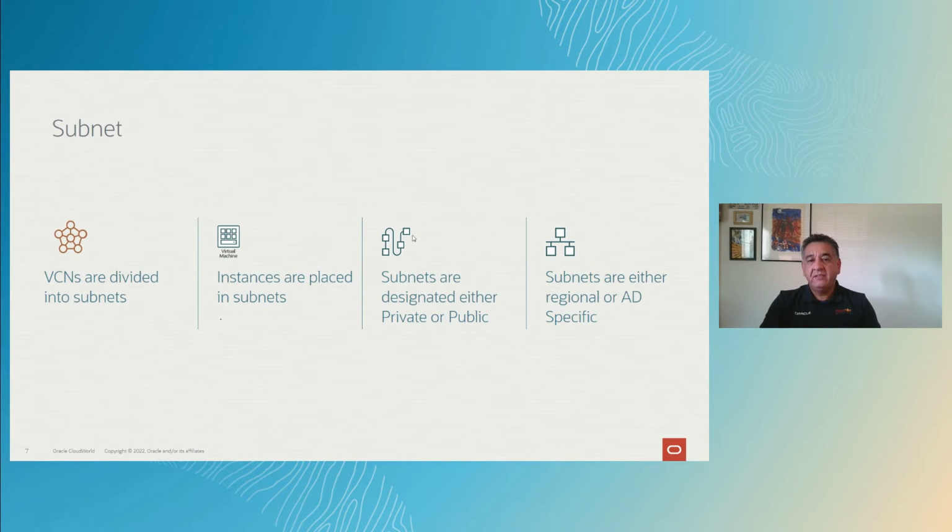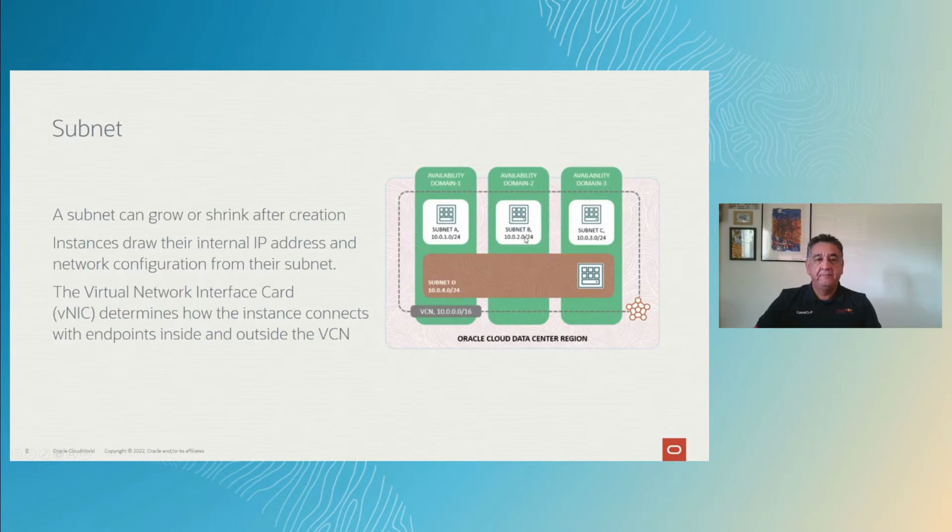So when you create a regional subnet, it will span all 3 availability domains. That means that you can put a resource in availability domain 1 and another resource in availability domain 2. Now, there are pros and cons of having either way. It will be up to you to decide if you want a regional subnet or an availability domain specific subnet.